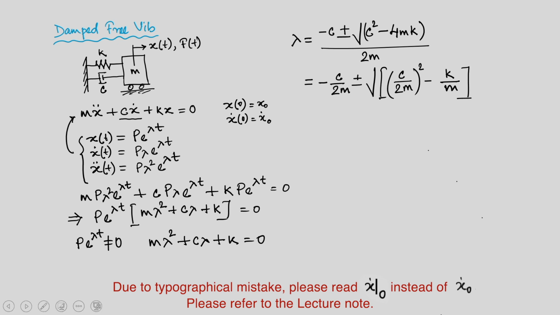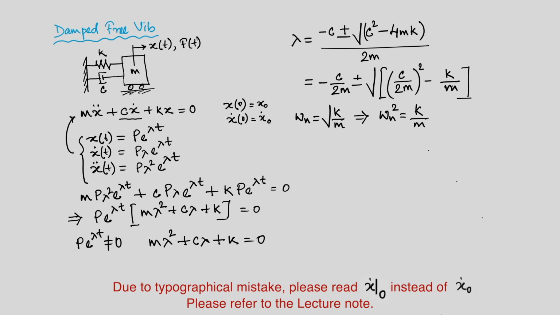Now, if you recall, we also defined the natural frequency of the system. So omega n is equal to square root of k by m. That means omega n square is equal to k by m. So we can substitute this omega n square in place of k by m.